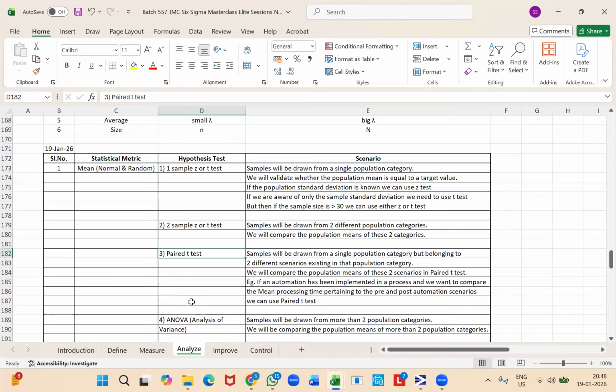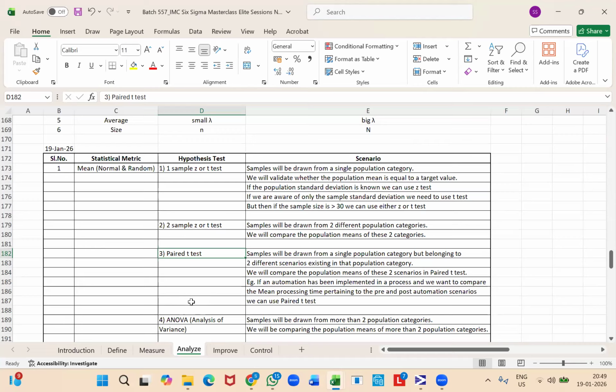If the automation is successful, ideally the mean processing time in the post-automation scenario should have significantly reduced compared to the pre-automation scenario, right? Only then can we say that the automation is successful. So in paired T test, we are comparing the population means of two different scenarios existing in a process.